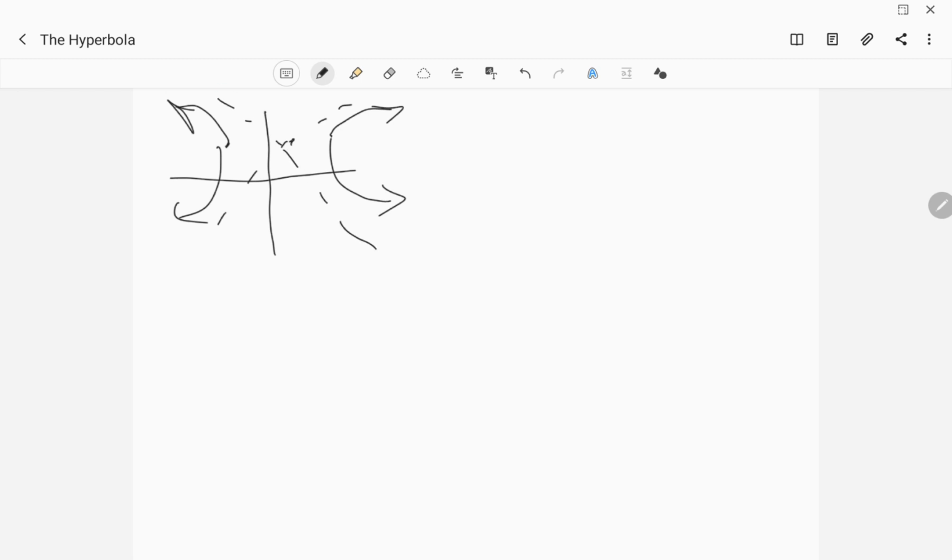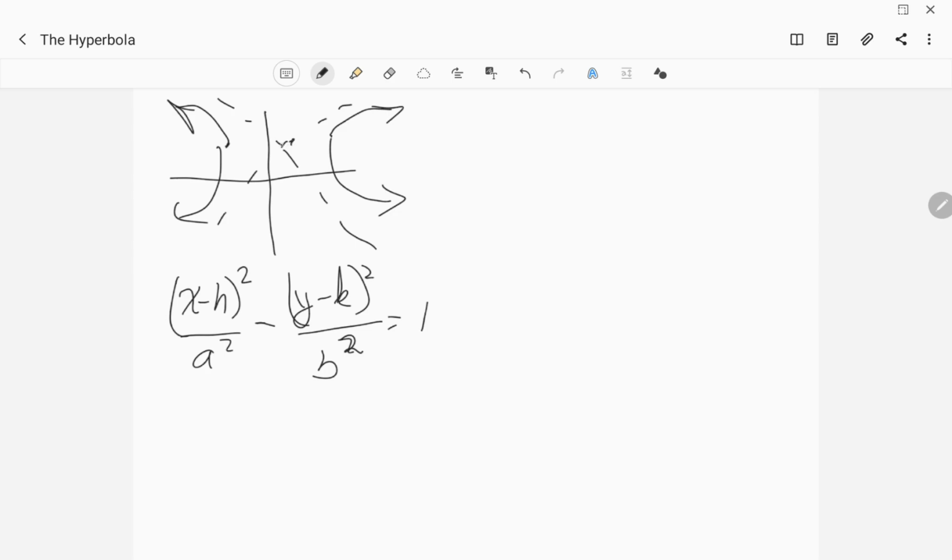If it's opening that way, a hyperbola this way is going to be x minus h squared over a squared minus y minus k squared over b squared is equal to 1. Very similar to the ellipse. The difference is it's a minus instead of a plus.